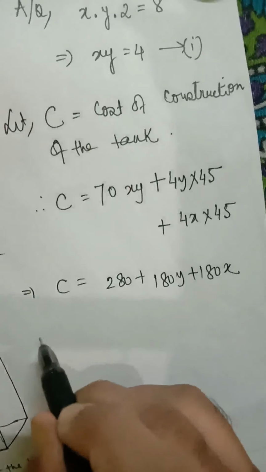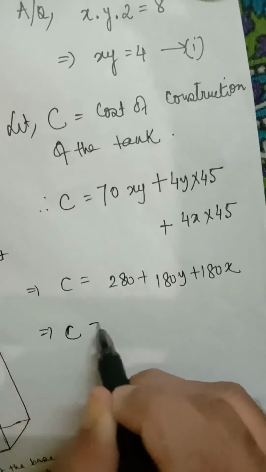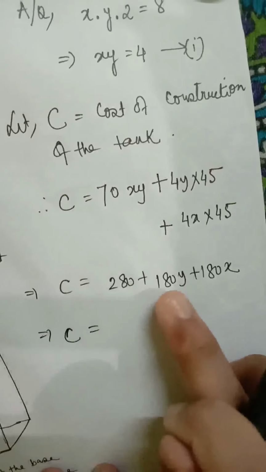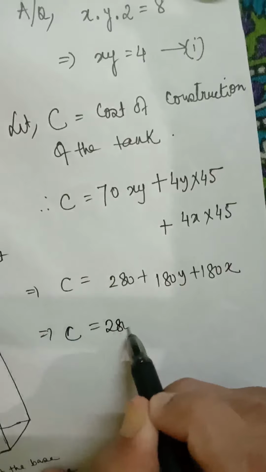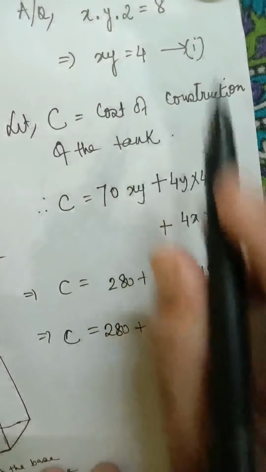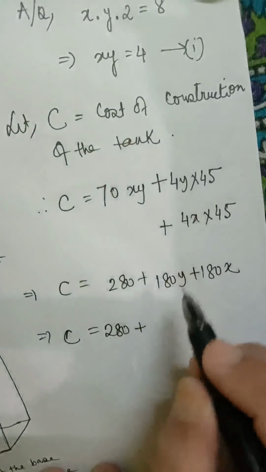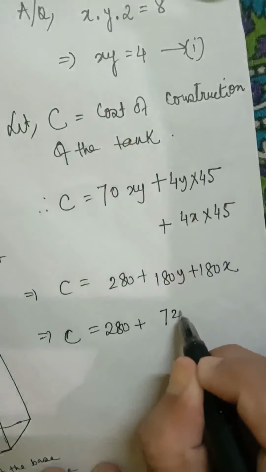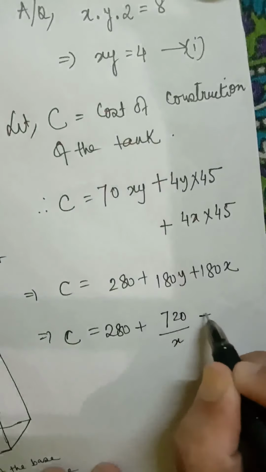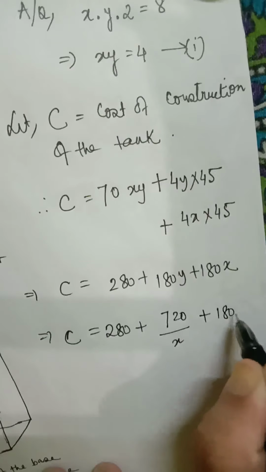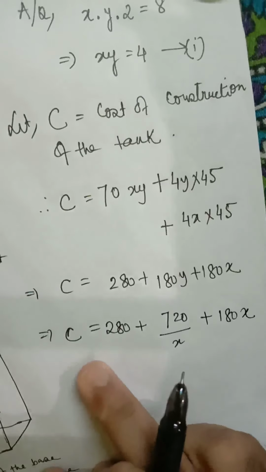Now to find the minimum value of C, we have to express C either in terms of x or in terms of y. That is, you have to express C in terms of single variable. So using this relation, y equal to 4 by x, it will be 720 by x. If we put y equal to 4 by x, 720 by x plus 180x, this is C.